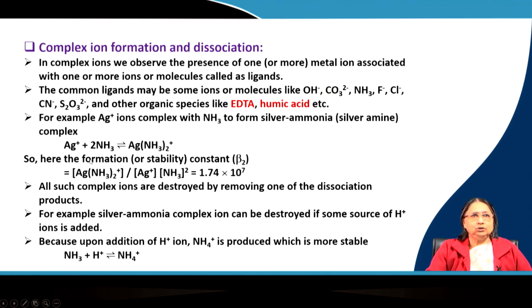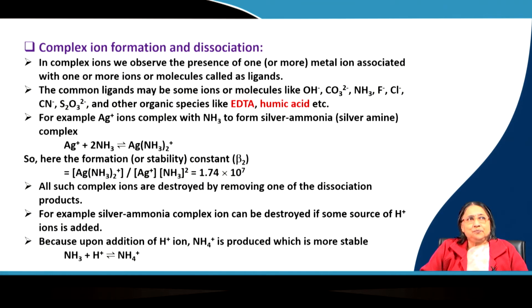equilibrium. So here, how will we express the formation? In case of an acid we say it is a dissociation constant. In case of ammonia also a dissociation constant, as it is a weak base. In case of water, we write the ion product of water, Kw.